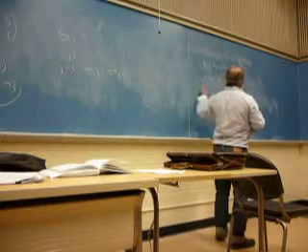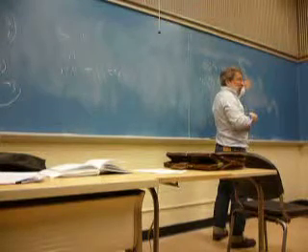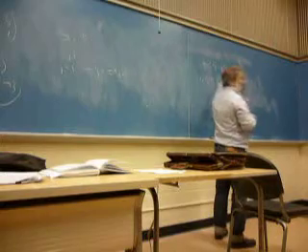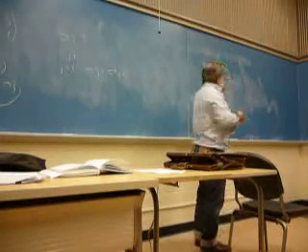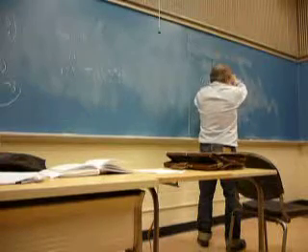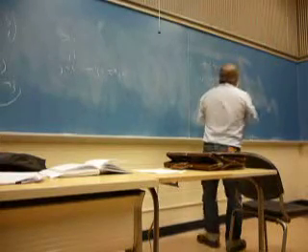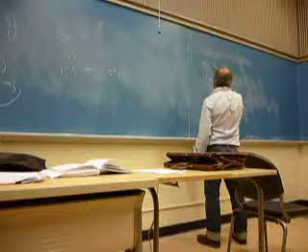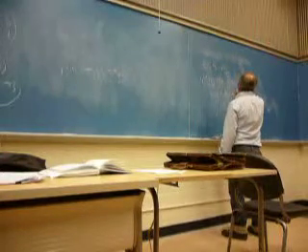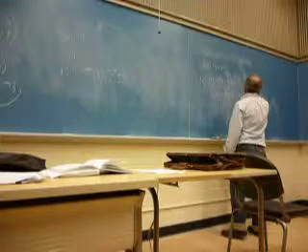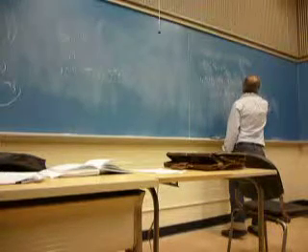I can do this infinitely many times, but I have only finitely many elements. So it's clear that there should be repetitions in this sequence. There are some i's and j's, natural numbers, such that tau in power i applied to 1 is the same as tau in power j applied to 1.